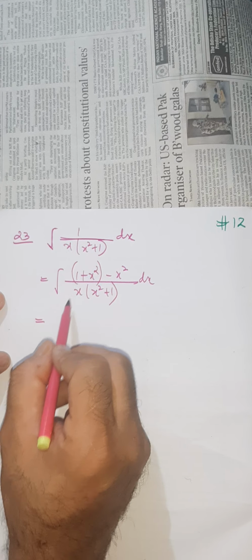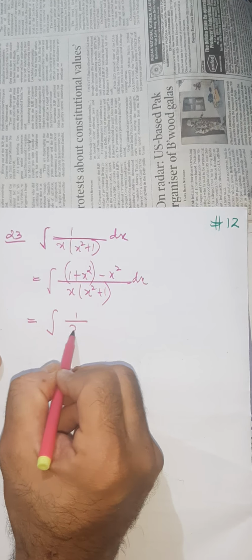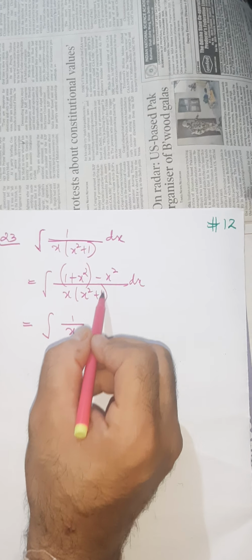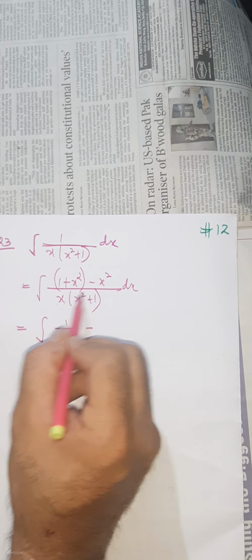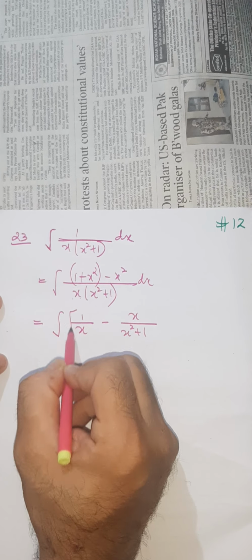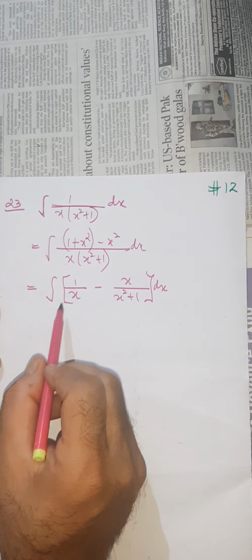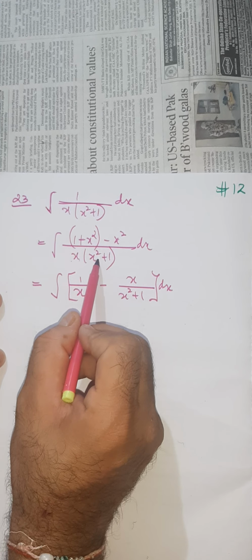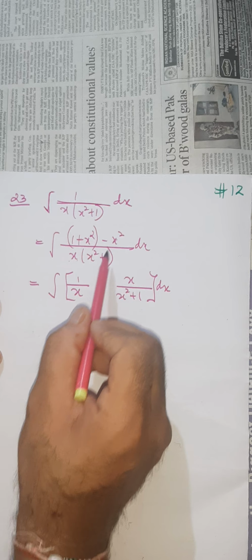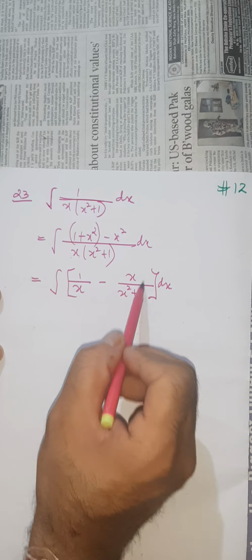So adding and subtracting x squared, 1 is already there. Do individual division, this upon this, 1 upon x. Minus, if you do this upon this, 1x will go away, so x upon x squared plus 1. Fine. This upon this, so this will go away, 1 upon x. X square upon x, so 1x will get cancelled, you are getting this.